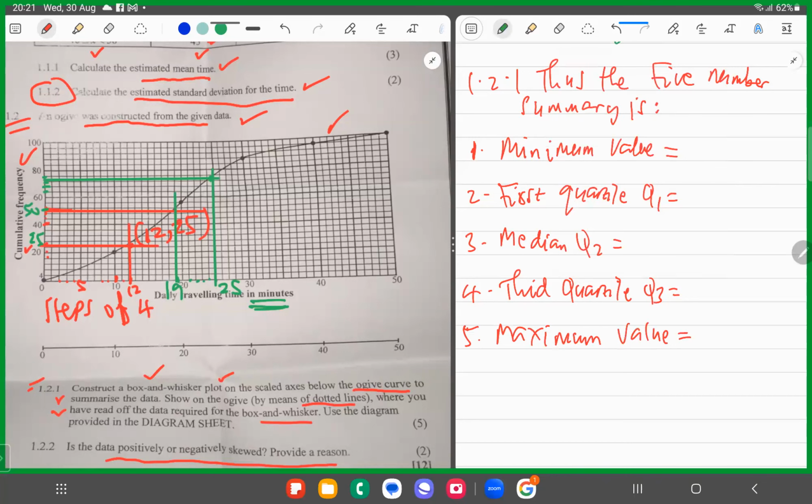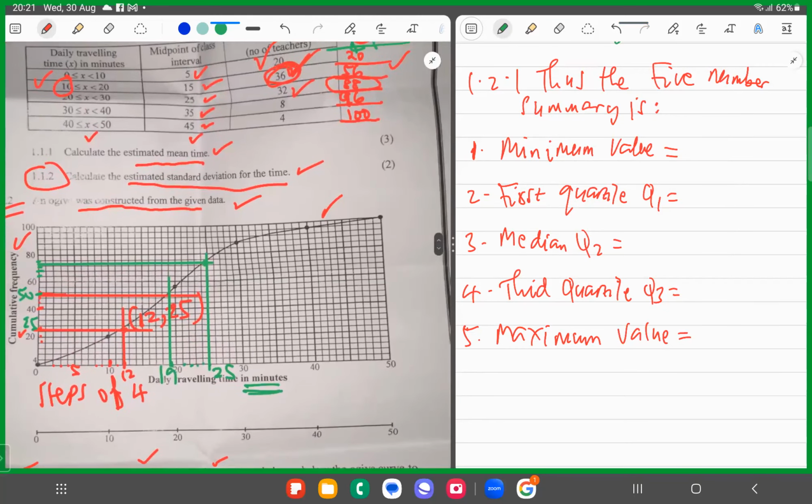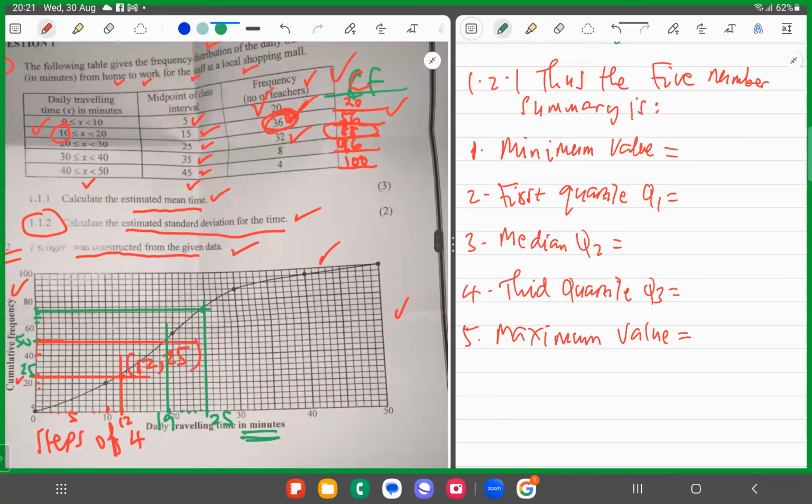Let me show you a way of this one. For the data sets we are dealing with here, in view of this Ogive, the minimum value that we have is 0. The first quartile, we've already seen, is 11.3889, approximately 12, we said.